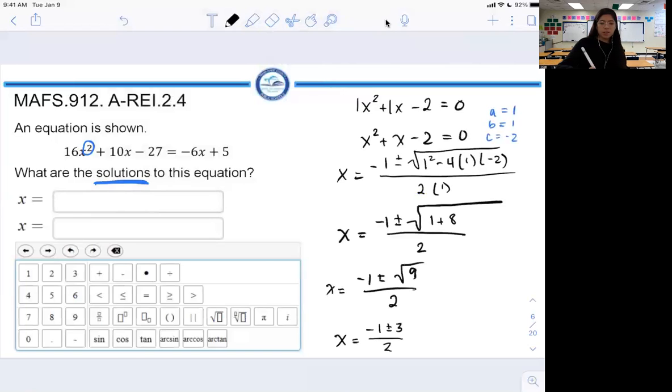Okay, so here we go. I have negative 1 plus 3 over 2, and I have negative 1 minus 3 over 2. We got to do both of them. Negative 1 plus 3, what does that give me?